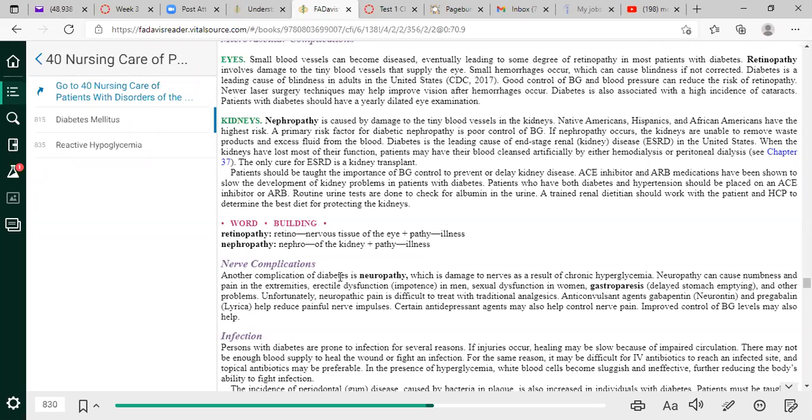And typically with nerve pain, the physician may prescribe gabapentin. They may prescribe Lyrica to actually help with that nerve pain. And it's right here. Anticonvulsant agents, gabapentin and Lyrica, help reduce painful nerve impulses. And these are considered narcotics. At one point, gabapentin wasn't a narcotic, but recently they made gabapentin a narcotic.